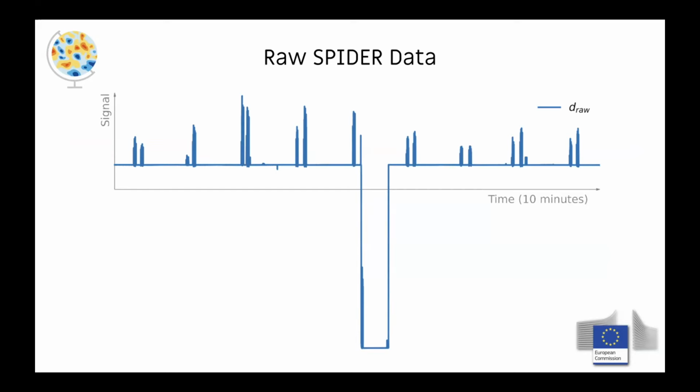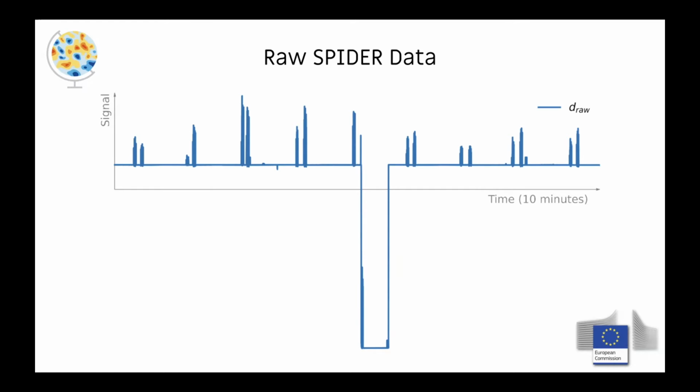This is a raw TOD sample, which shows exactly 10 minutes. You can see huge spikes, which are iridium pings, which happen when the instrument communicates with the ground. We have cosmic ray spikes, but the big problem are those huge jumps in the offset level. These we need to take care of.